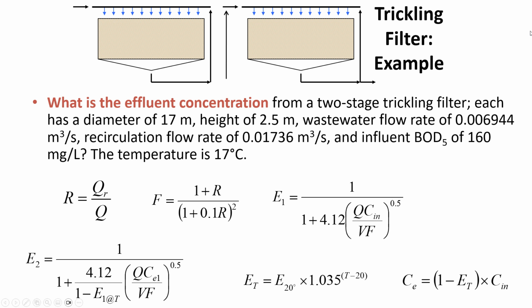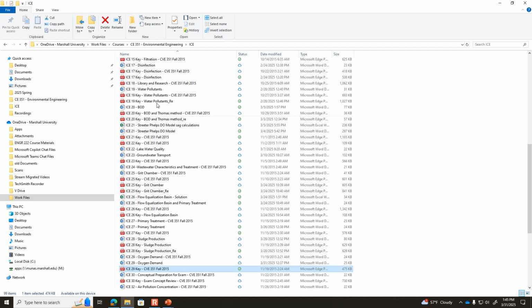Okay, so if you look at this formula E1, we know the flow rate of the water that's coming in. That's this 0.006944. The concentration of BOD coming in is 160 milligrams per liter. The volume of the reactor is defined by its diameter and height, and the recirculation factor F is known as well.